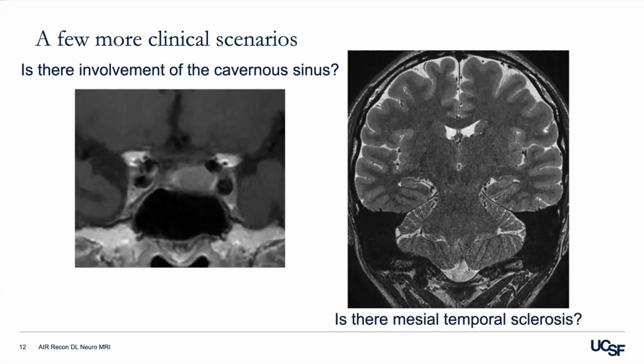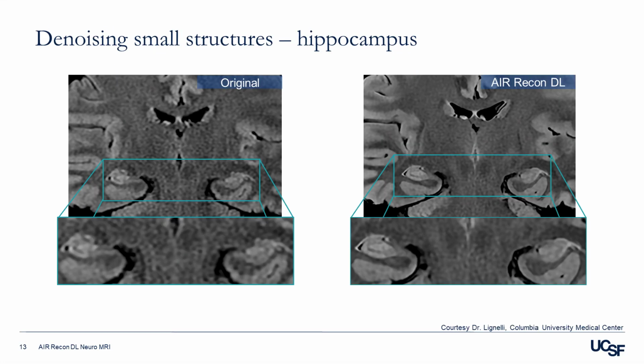So to look at these small structures that we sometimes have difficulty seeing unless we have a truly optimal exam. So here's two examples among many others where technology like AIR Recon DL can be really helpful to making diagnosis easier for us as neuroradiologists and making things a little bit clearer. So we'll start with this example of the hippocampus.